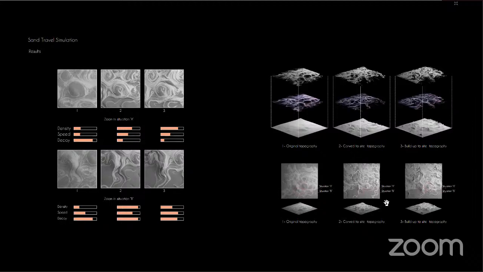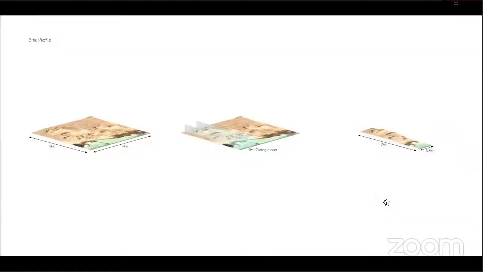In the extruded case, the speed and decay are less because the sand travels in two different directions, but in the curved one it has more density and a higher speed.